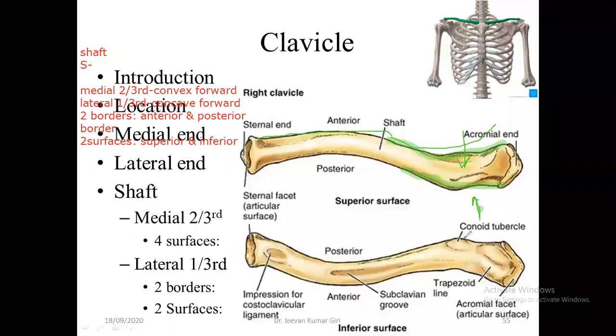Now two features you will see in the inferior surface of the lateral 1/3 of the clavicle, that is, you will see the conoid tubercle and the trapezoid ridge.